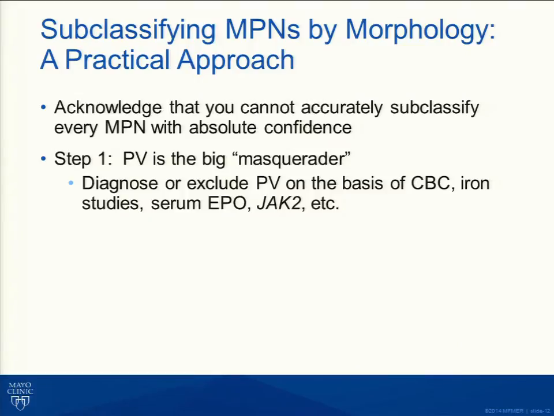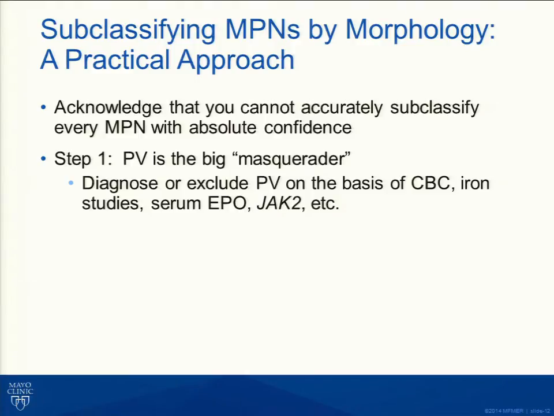By morphology, this can sometimes be challenging because PV can be a great masquerader. However, the lab result will help you in this situation because PV is the only disease in this category that will have a primary erythrocytosis with a secondary decreased EPO level, and essentially all of them are JAK2 mutation positive.